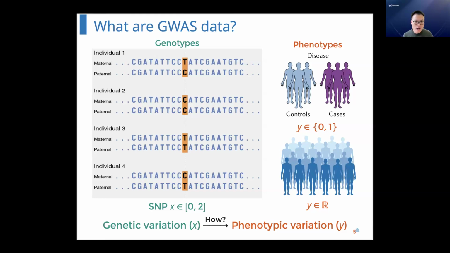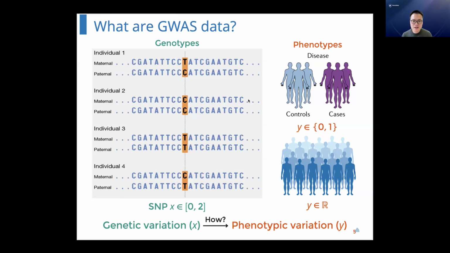So for today's talk, I will largely focus on one type of genetic variation known as single nucleotide polymorphism, or SNP, which can be coded as a data between 0 and 2. So in this box here, you can see 4 different orange boxes in the same location of the genome sequence. So this is an example illustrating one SNP across 4 different individuals. So as you can see, even from this simple example, there's some variation going on between different individuals.